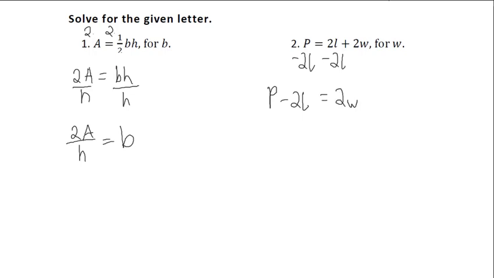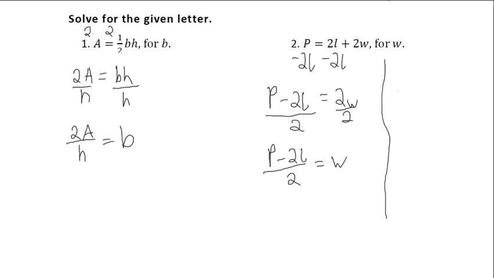And so now we just got to get rid of that 2, and we're going to divide by 2. And so now we have P minus 2L over 2 equals W. Now this is an acceptable form, but some people, instead of dividing the entire thing by 2, will divide it individually by 2. I'm going to show that over here.